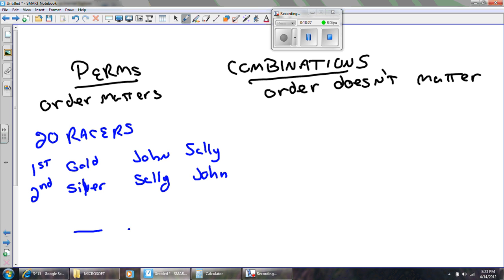How many people have a chance to finish in first? 20. When somebody's in first, there are 19 left that could finish in second. And I'm out of spaces, so I just multiply 20 times 19 is 380 different ways.